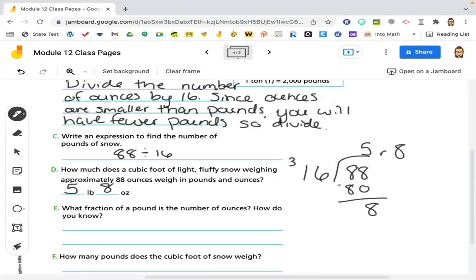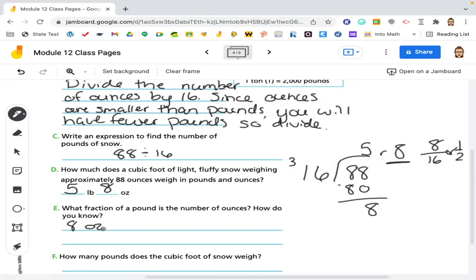So what fraction of a pound is the number of ounces? How do you know? Well, if we write my remainder as a fraction, we would have 8/16 or 1/2.